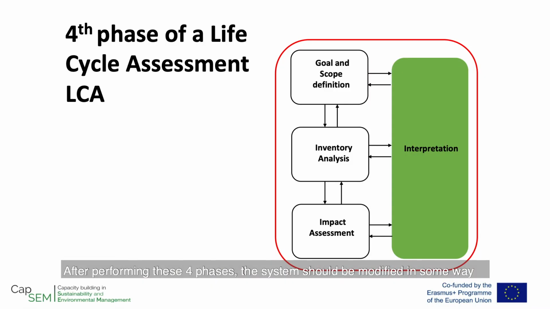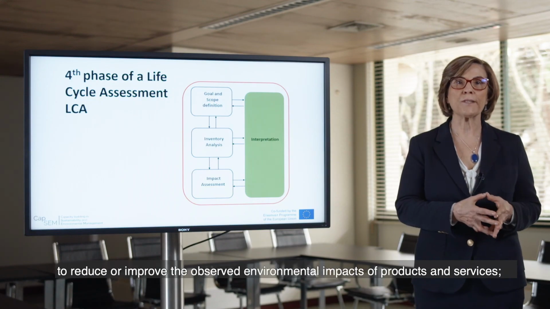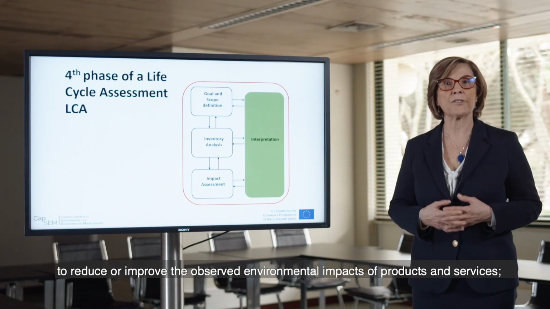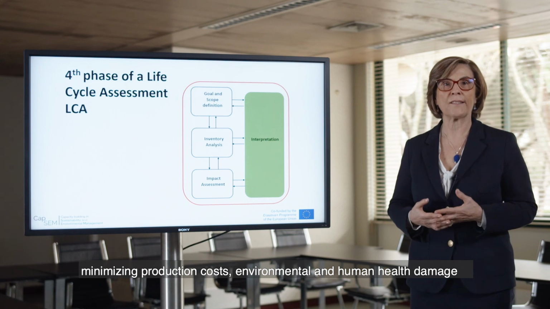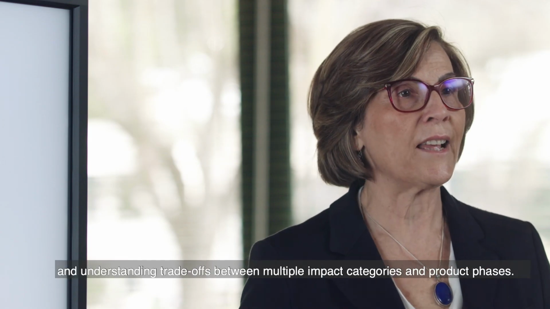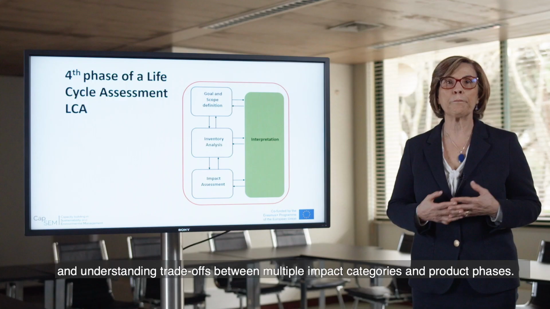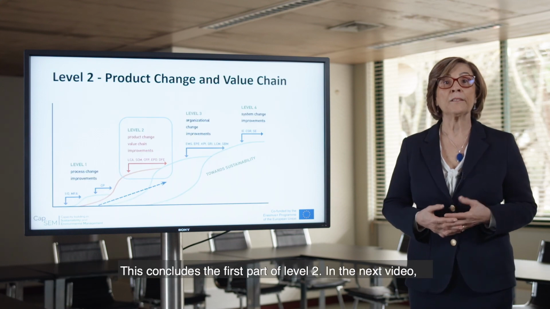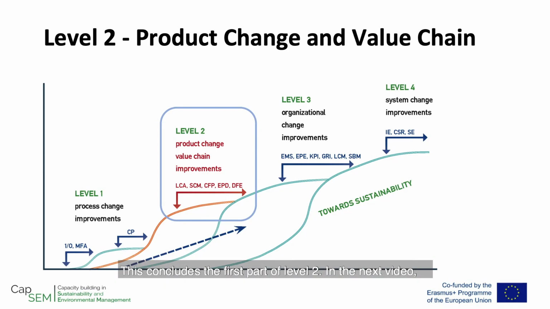After performing these 4 phases, the system should be modified in some way to reduce or improve the observed environmental impacts of products and services, minimizing production costs, environmental and human health damage, and understanding trade-offs between multiple impact categories and product phases. This concludes the first part of Level 2.